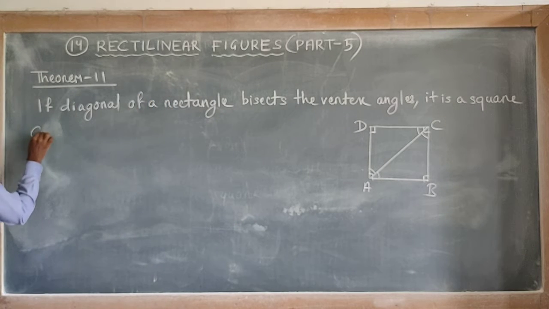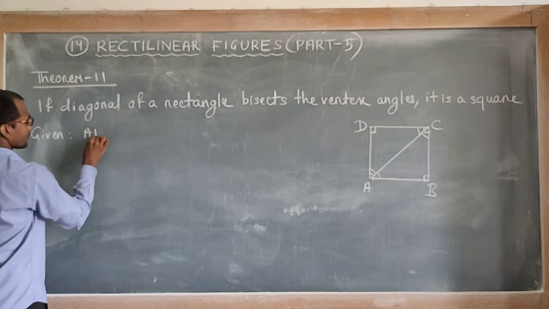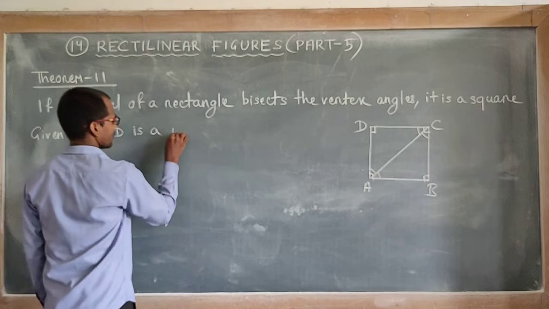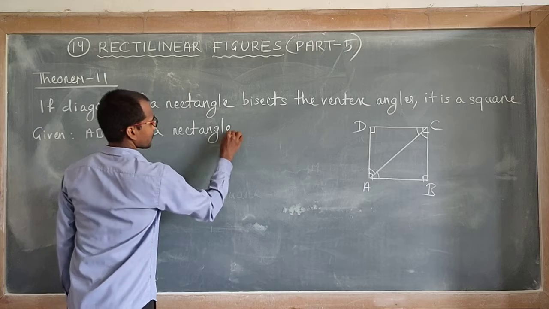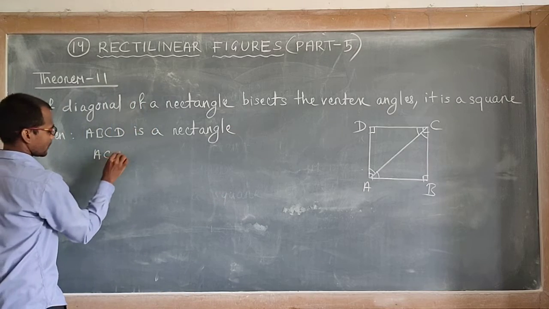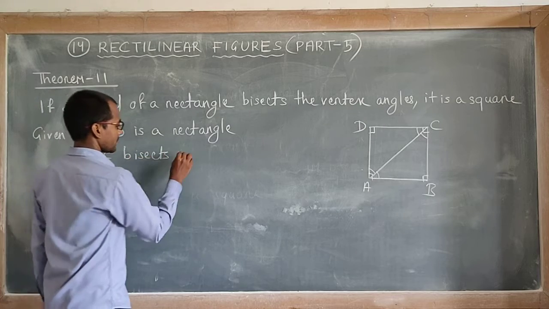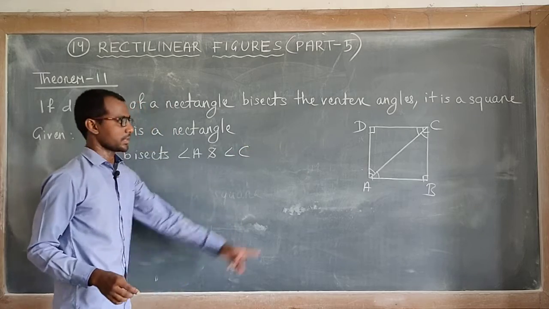So given: ABCD is a rectangle, each angle is 90 degrees. Then AC bisects angle A and angle C, as you can see in the diagram.